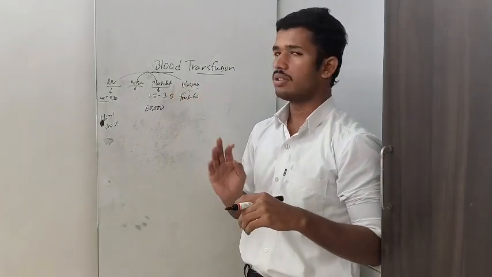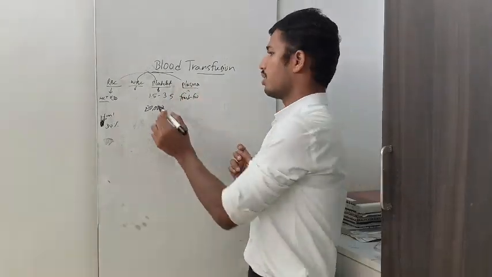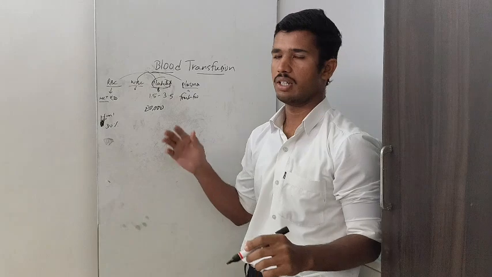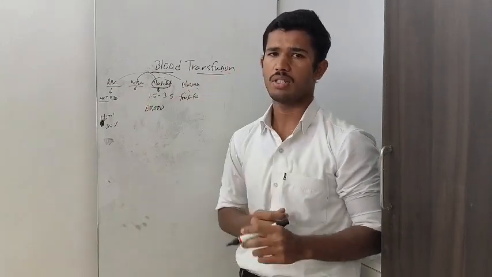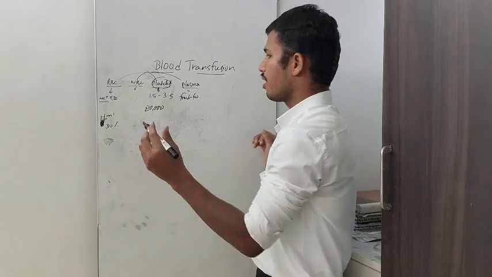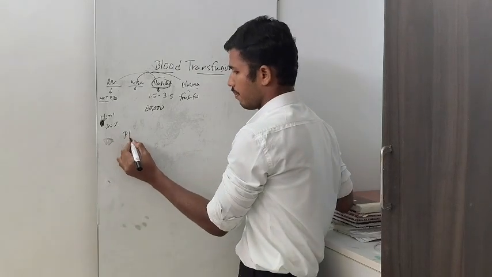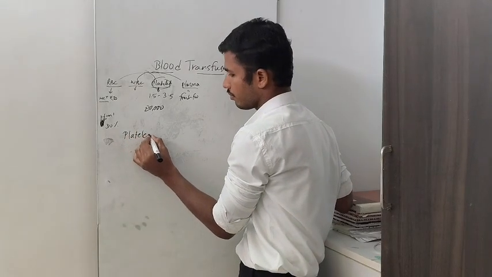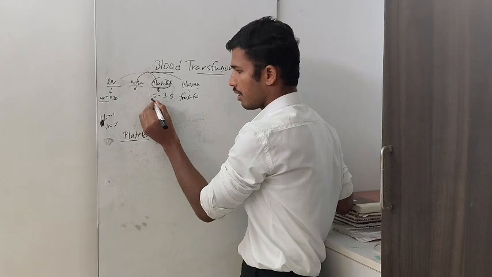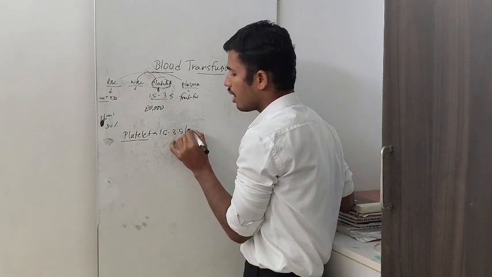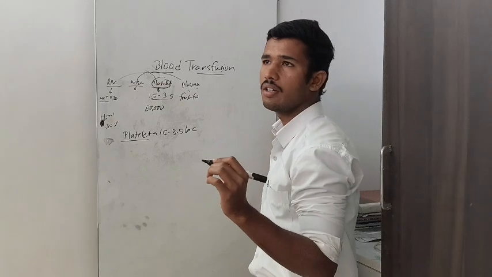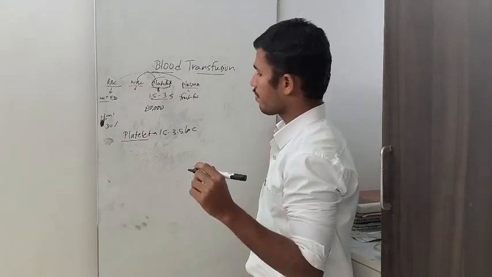First, a small topic, the platelet. Then we can discuss WBC transfusion, plasma transfusion, and RBC transfusion. First I will take platelets. The normal platelet count we know is 1.5 to 3.5 lakh.